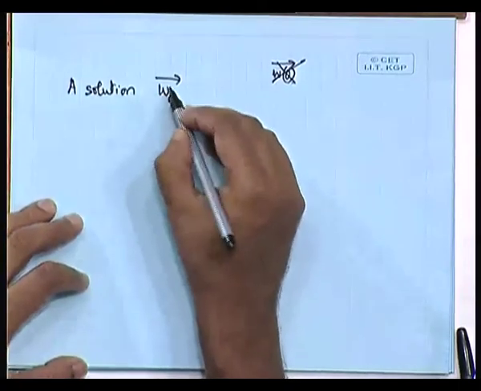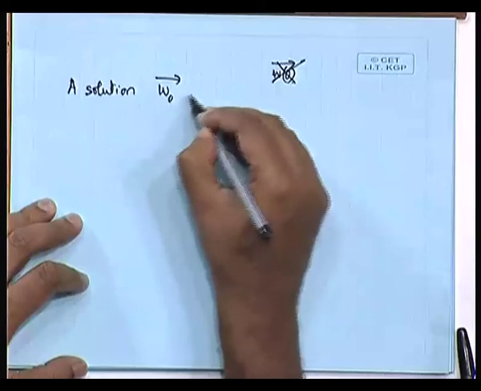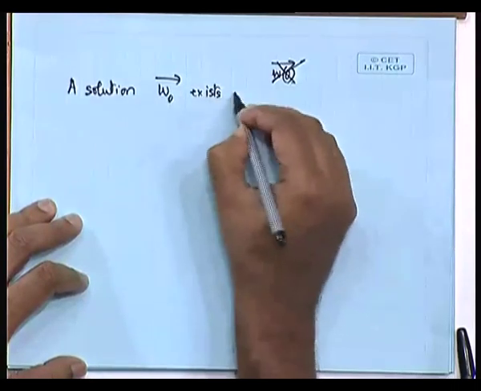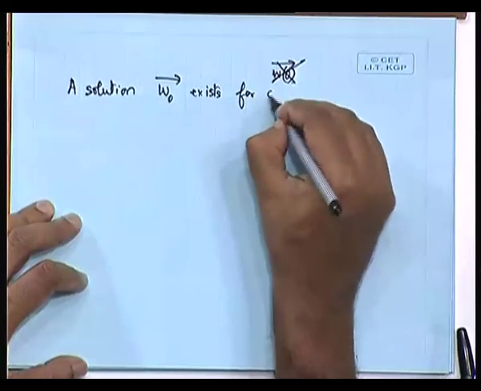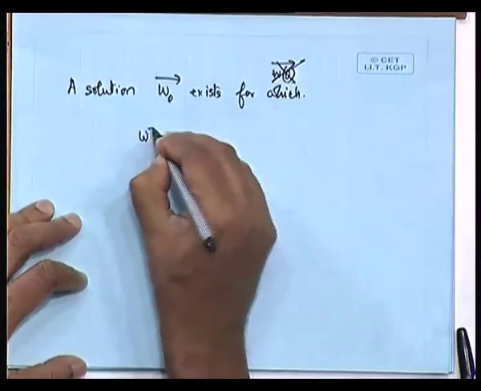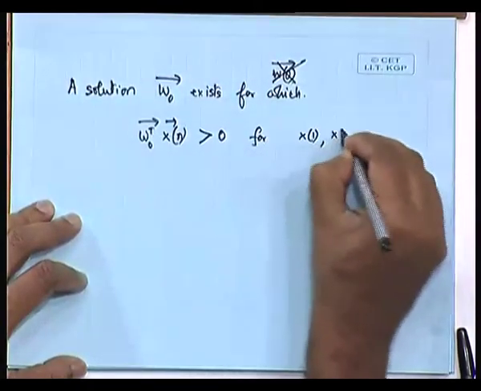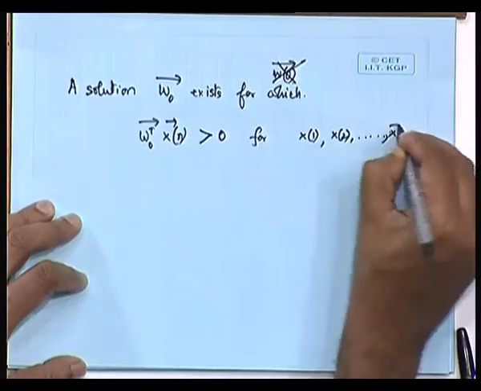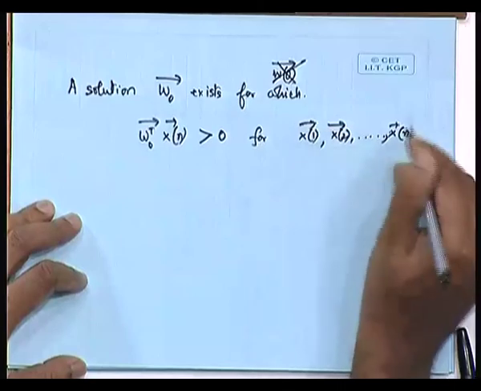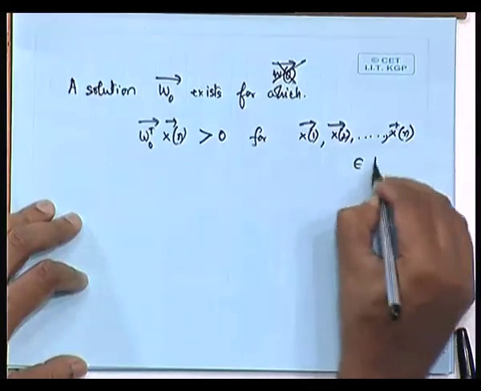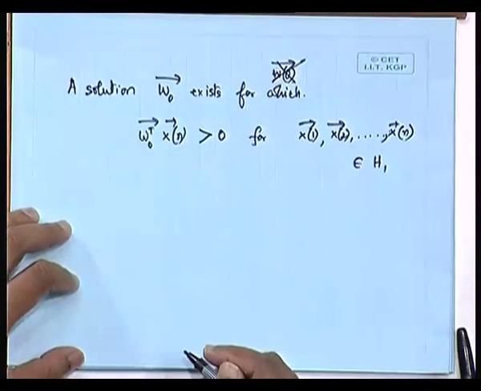A solution W0 exists because the classes are linearly separable, for which we have W0 transpose xn greater than 0 for x1, x2, etc. up to xn, all these are vectors, all of them belonging to H1. So, a solution W0 definitely exists which does a correct classification, isn't it?